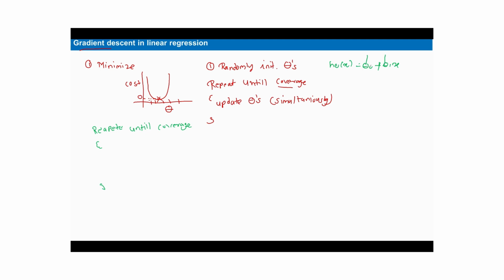Gradient descent will update these two parameters. Here I'm giving the example of univariate linear regression, so we see only theta 1. It will update theta 0 first.